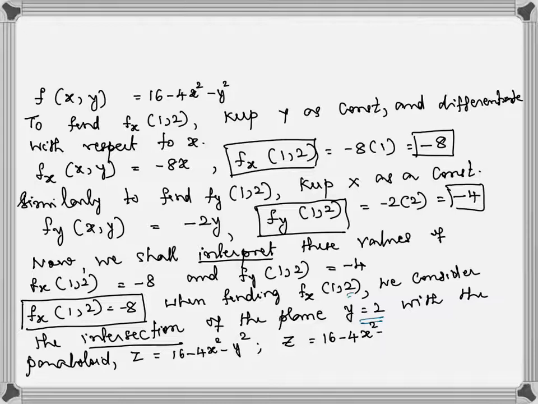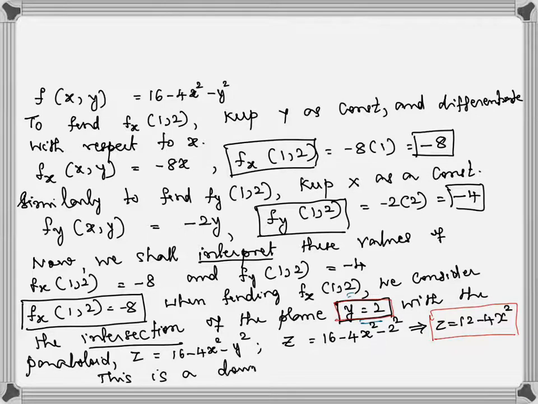So 16 minus 4x squared minus 2 squared will be equal to 12 minus 4x squared, which is a downward parabola in the plane y equal to 2. This is a downward parabola on the plane y equal to 2, which is parallel to the xz plane.